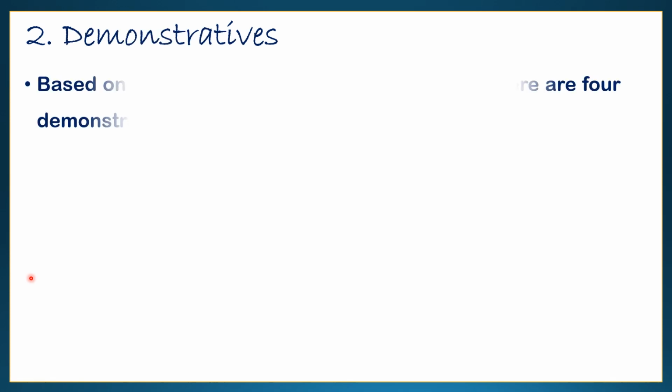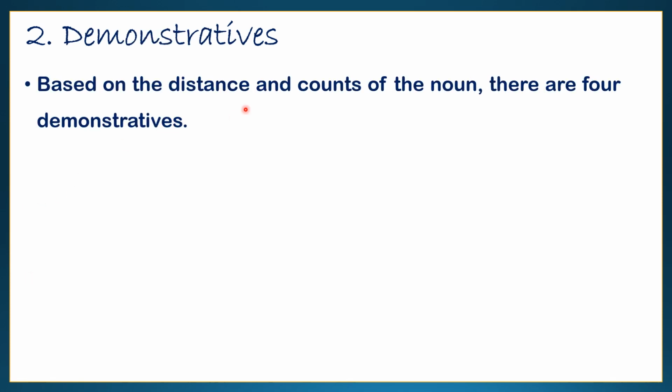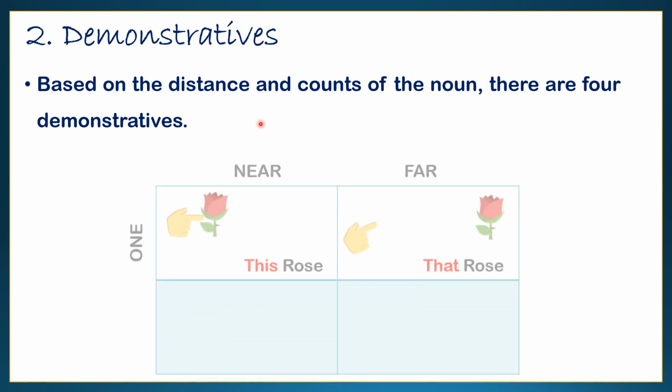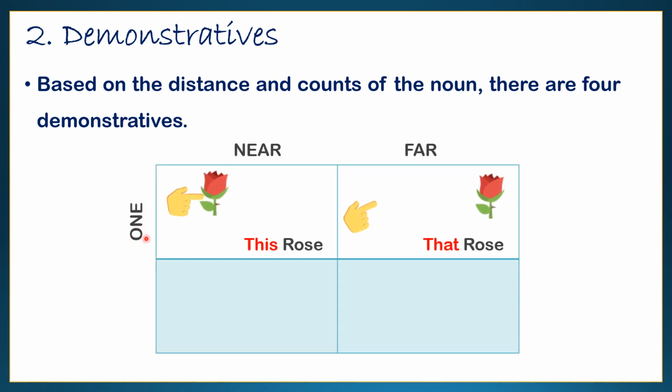So moving on to the second category of determiners, demonstratives. Based on the distance and count of the noun, there are 4 demonstratives. So count, if there is only one particular object.